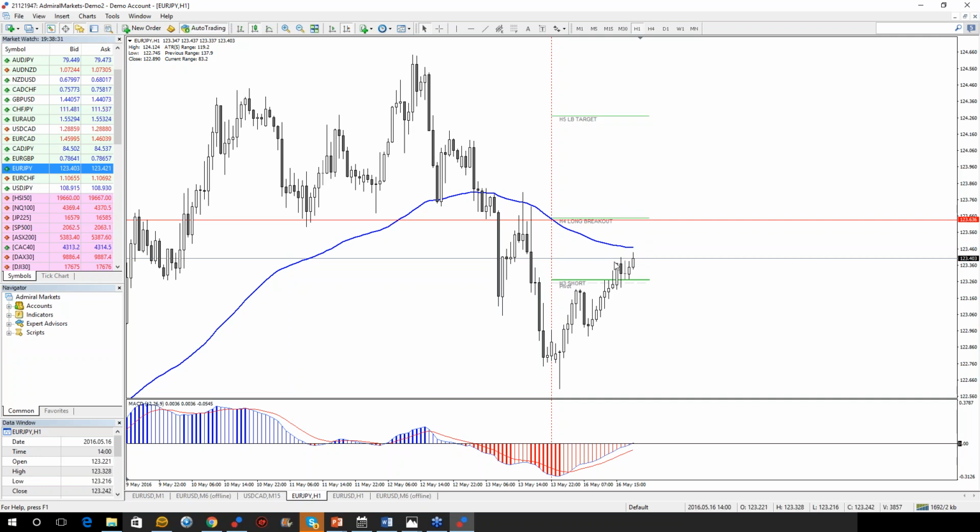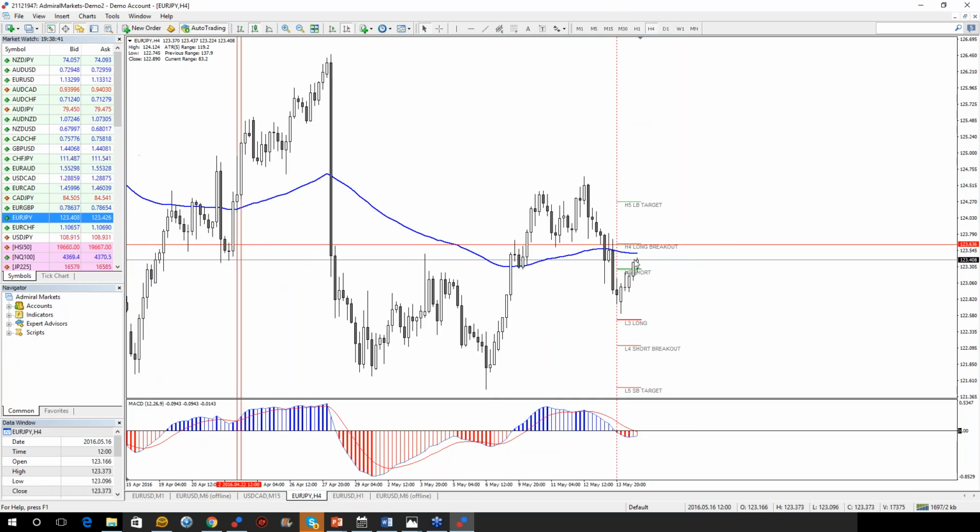Because the intraday momentum is to the upside, and currently it's trying to go to the upside. 4 hours is bullish. See? So watch for this. This is just above this spot here, 123.70. You should place your stop loss there if you are short. So yeah, like a 30 pip stop loss would be fine, I guess.